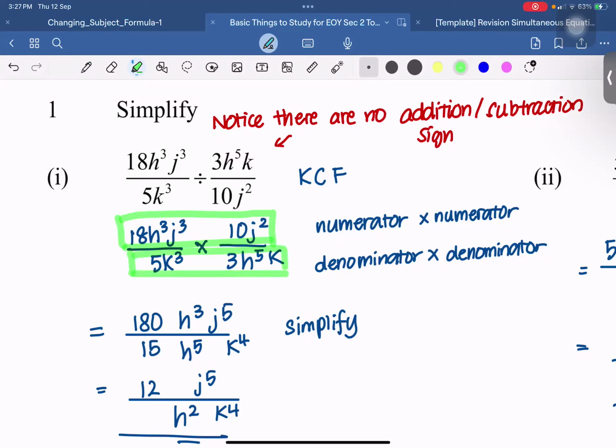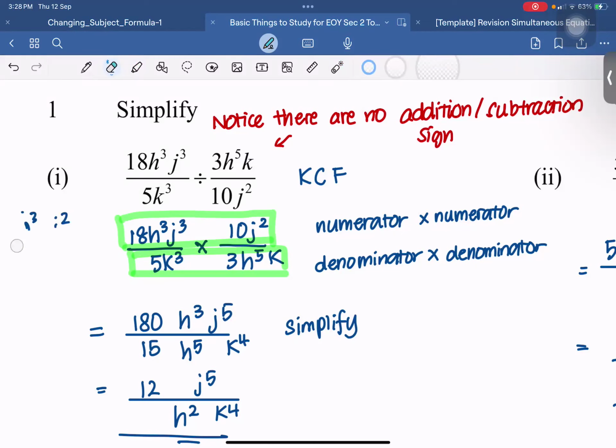So in this case, I will have 18 times 10, 180. h cubed, no other thing to multiply, so it's just h cubed. j squared, j cubed and j squared, multiply j, another 2j. Total how many j? 5 of them.